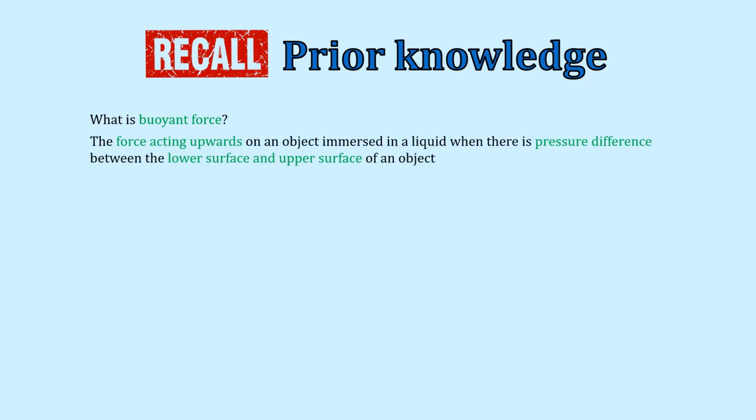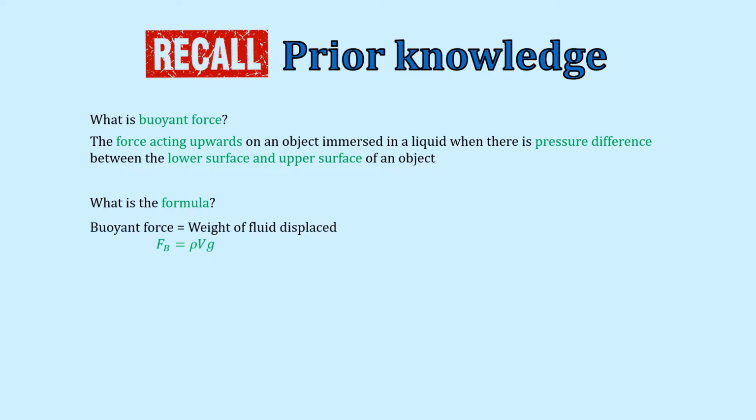Before that, let us recall what we have learned before this. What is buoyant force? Buoyant force is the force acting upwards on an object immersed in a liquid when there is a pressure difference between the lower surface and upper surface of an object. What formula will be used?